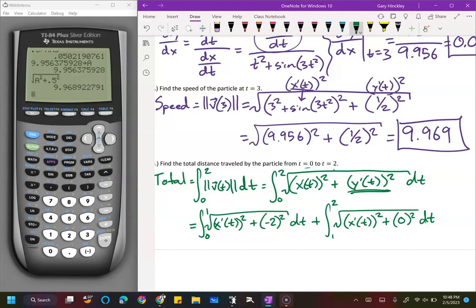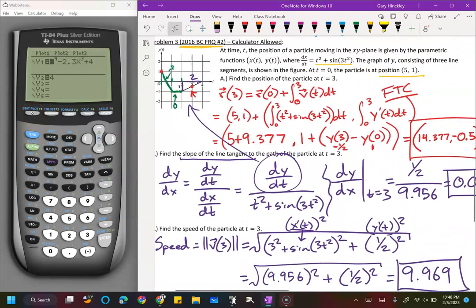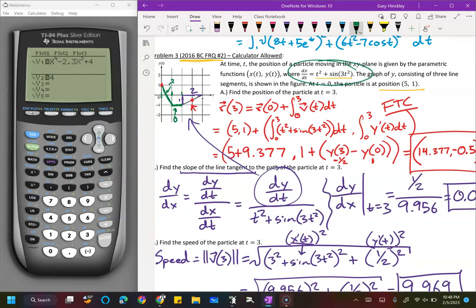So we're going to go ahead and throw all that in. Since I'm going to be using it in both, I'm going to put this dx/dt, or x prime, into y1, so I can just recall it when needed.